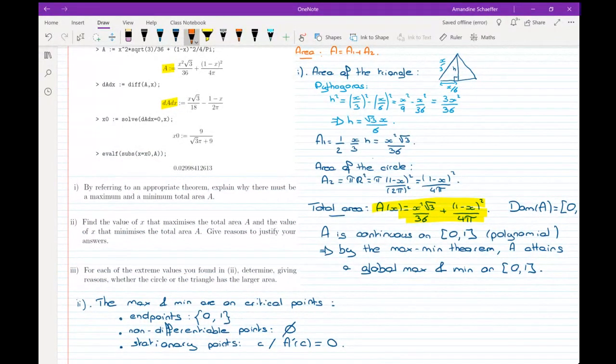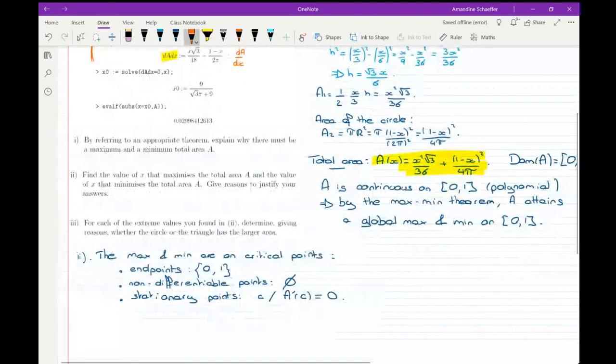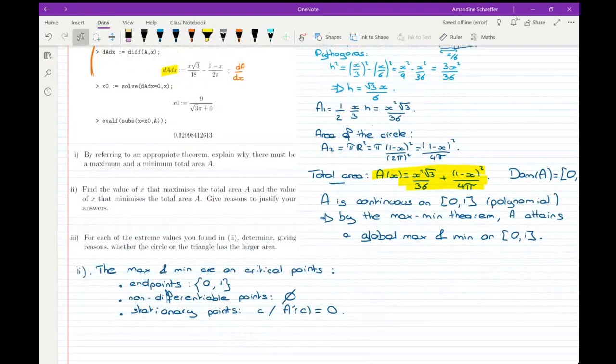If you look here, we already have Maple, which did the derivative of A for us. So dA/dx. So solve dA/dx equals 0 for x means for this point x0, we have the derivative, which is 0. Okay, so that's our stationary point, right?